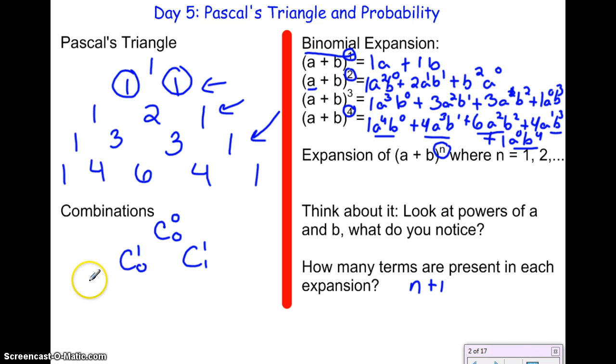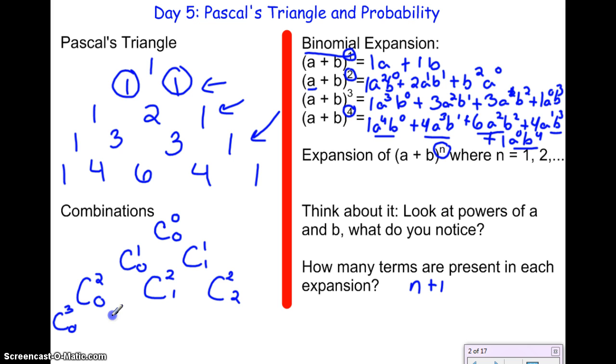What you're going to notice, though, is as we continue, so now we are at n equals 2, and we are choosing 0 first, and then n choose 1, n choose 2, right? As this continues, you're going to notice that we're going to get more combinations, and they correspond to the Pascal's triangle. I'll do one more.